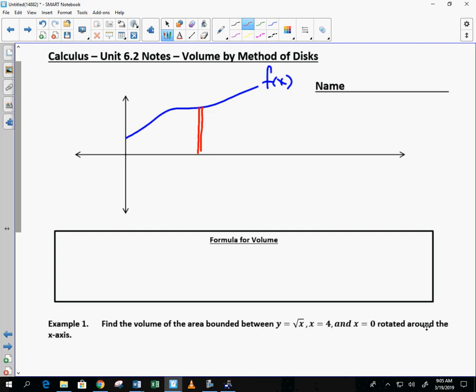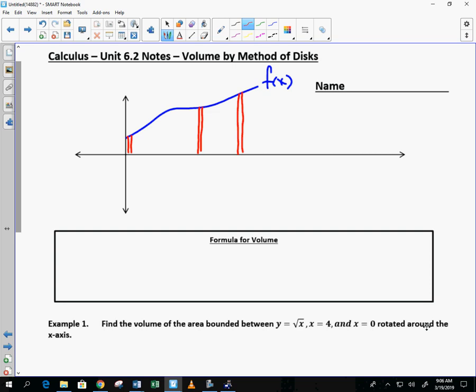I need you to do your best to visualize what it is that we're going to do. As you draw these rectangles that represent the area, we're going to take this area formed between the curve and the x-axis, and we're going to rotate it around the x-axis. We're going to spin it.